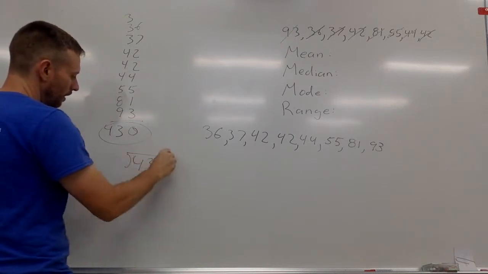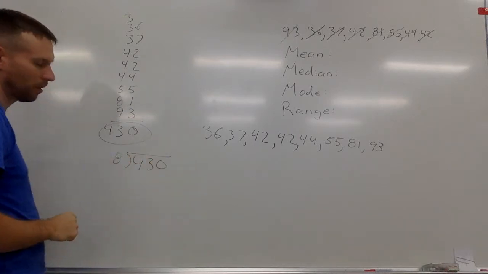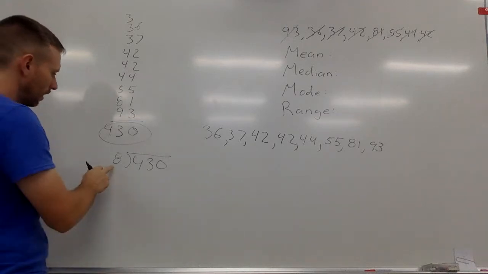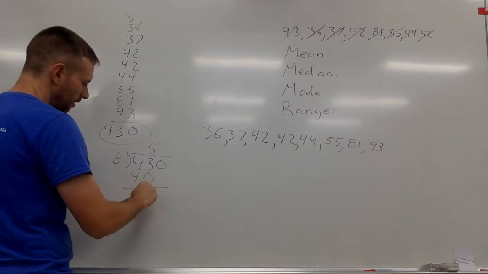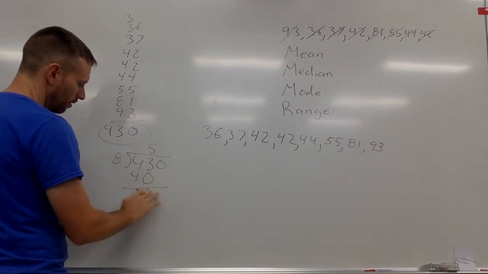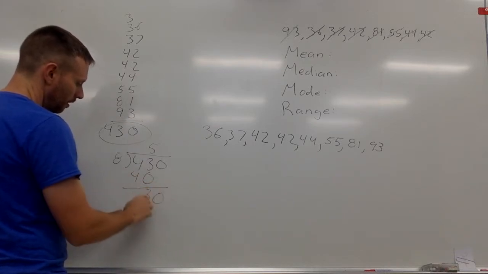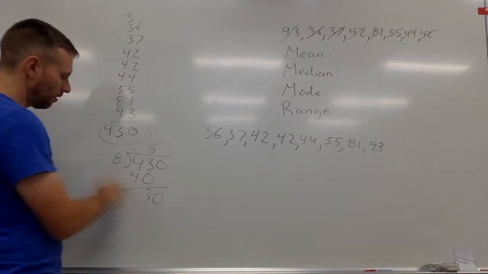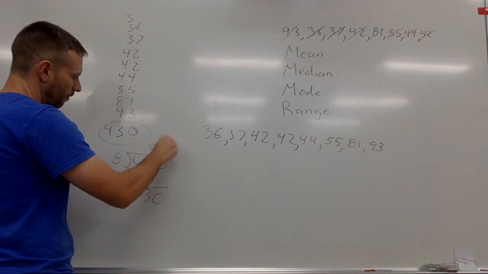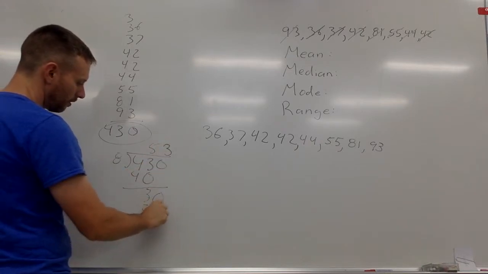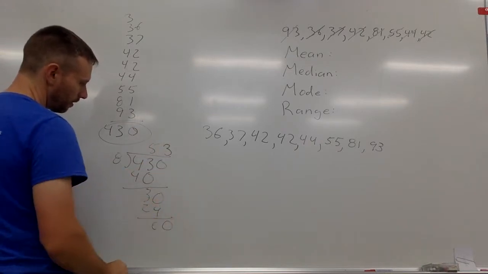Now we're going to divide that by 8. 8 goes into 43 5 times, 40, remainder 3, then 8 goes into 30 3 times evenly, that's 24, remainder 6.